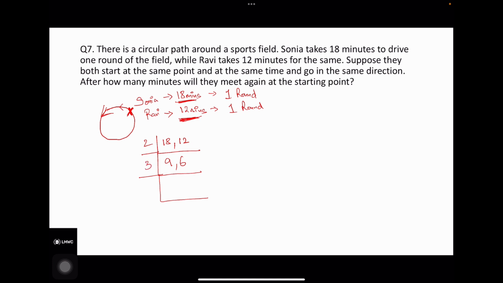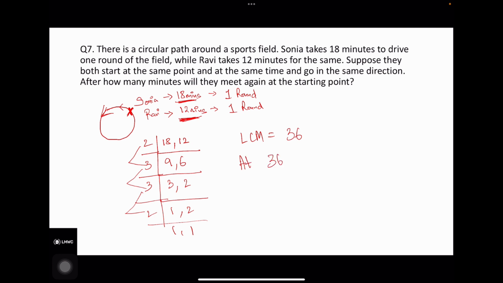Then we have 3 times 3 is 9, 3 times 2 is 6, and 3 times 1 is 3, and 2 times 1 is 2. So here the LCM is equal to 2 times 3 is 6, 6 times 3 is 18, 18 times 2 is 36.